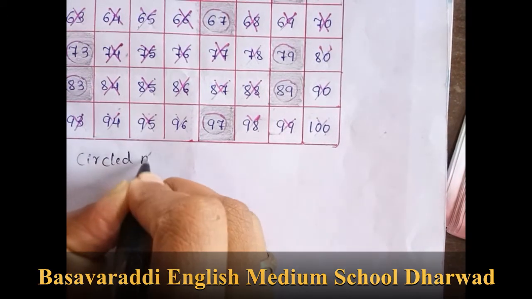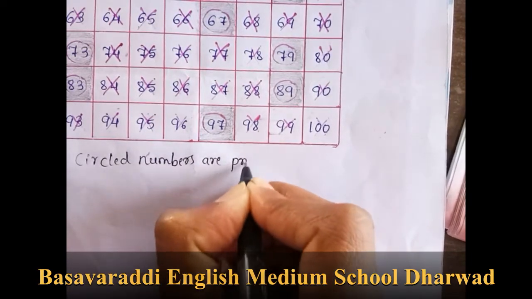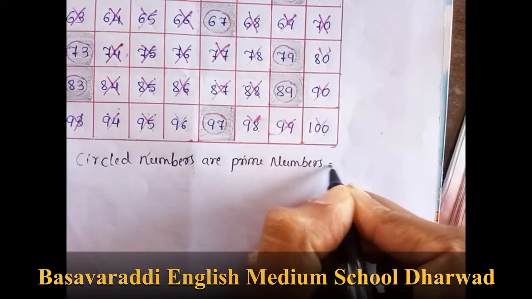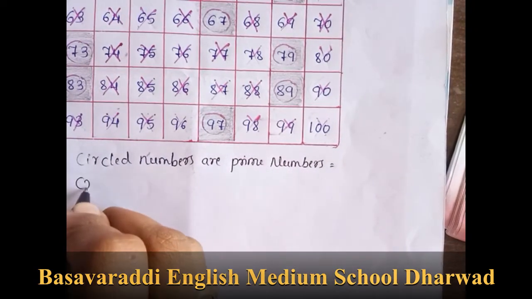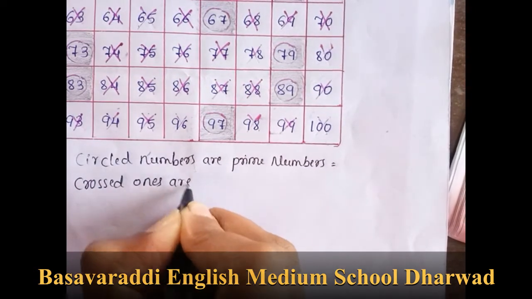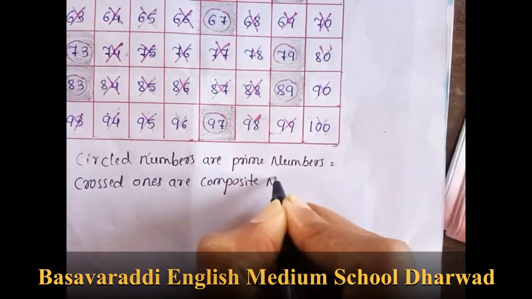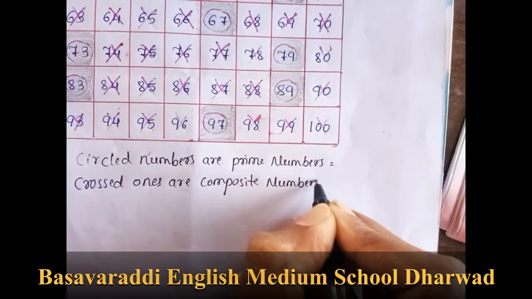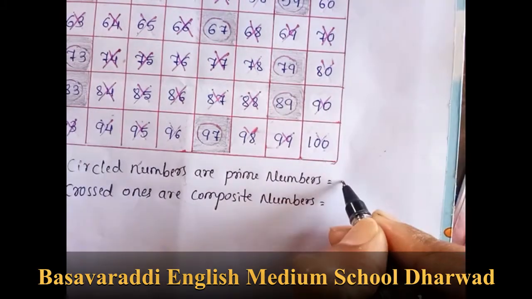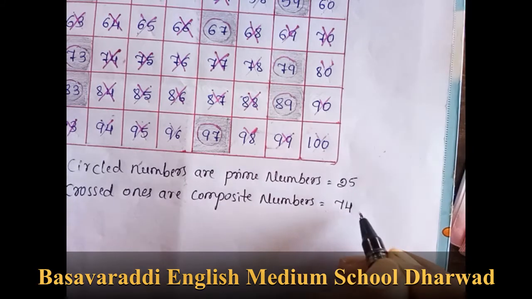It is 25 prime numbers and 74 composite numbers.